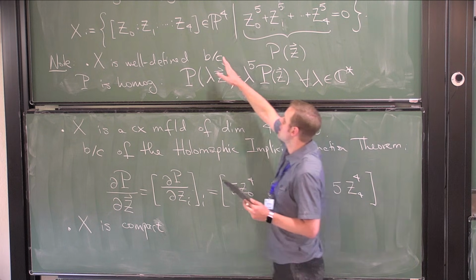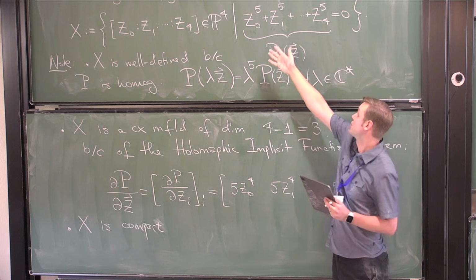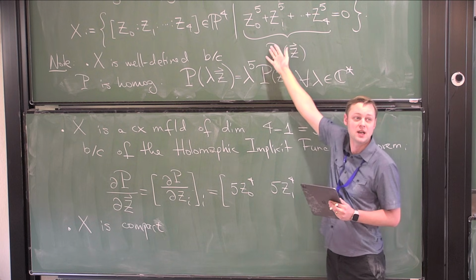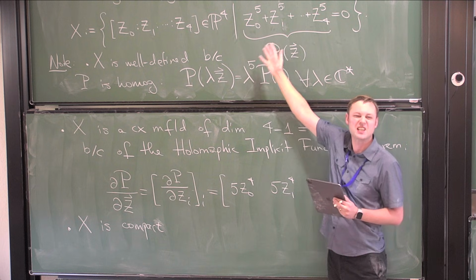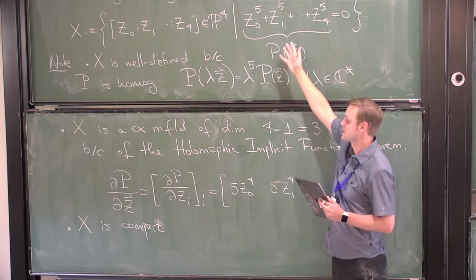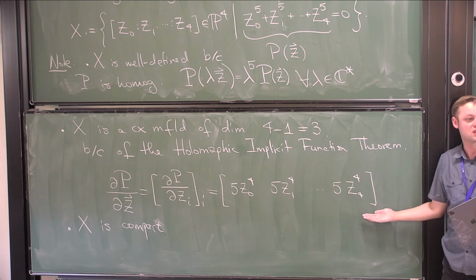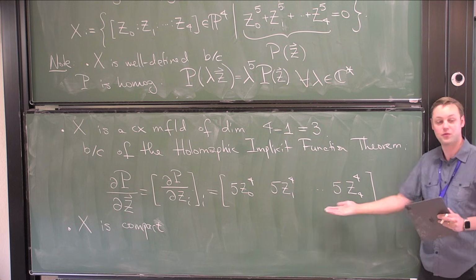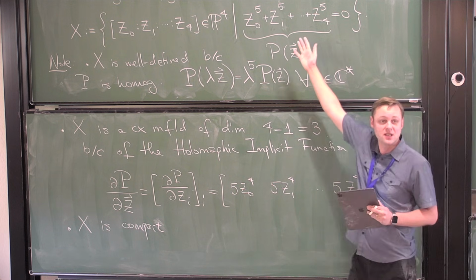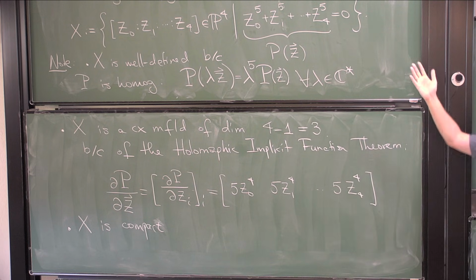In fact, if I take any homogeneous polynomial of degree 5, not necessarily this one, something more interesting, that would give me a quintic threefold. And as long as that homogeneous polynomial is smooth, by which I mean this Jacobian evaluates to something of full rank at any point, I will get a complex manifold defined as a subset of P4.